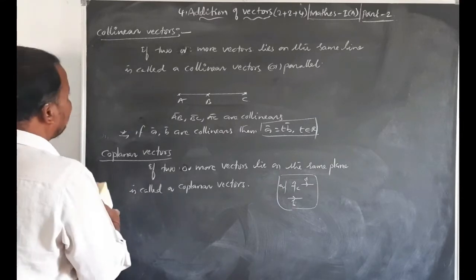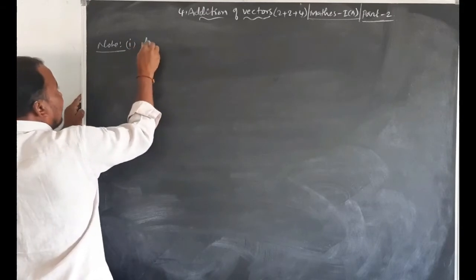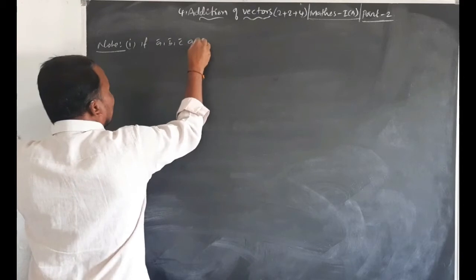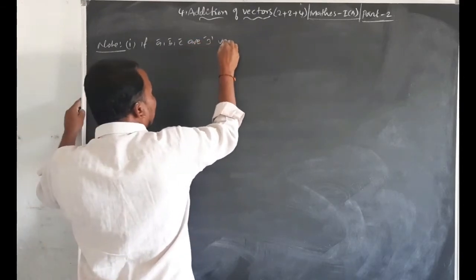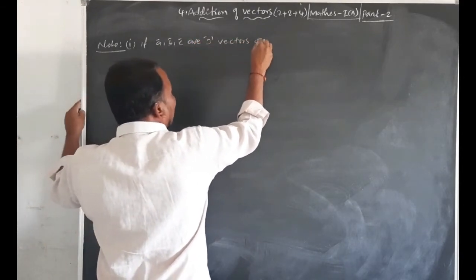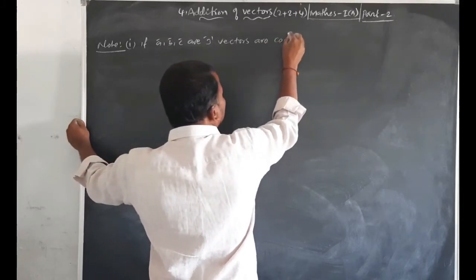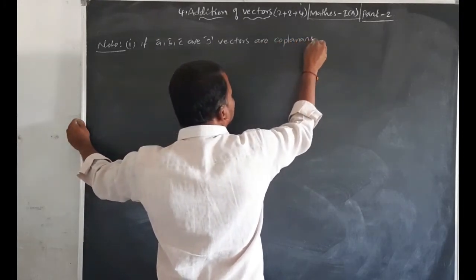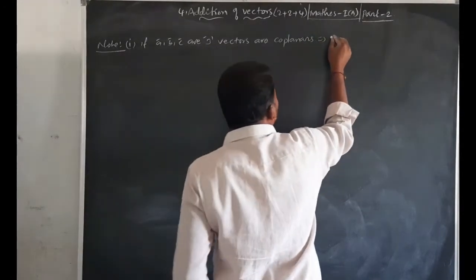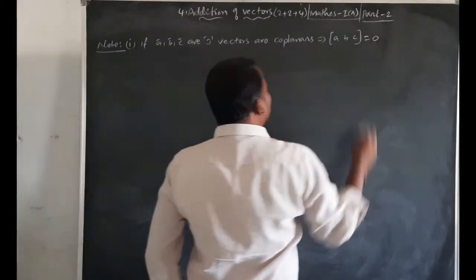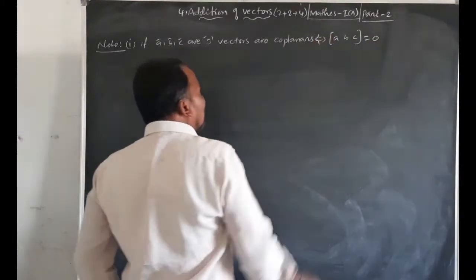Then, if A, B, C are three vectors that are collinear or coplanar, this implies box ABC equals 0. What is the box ABC?